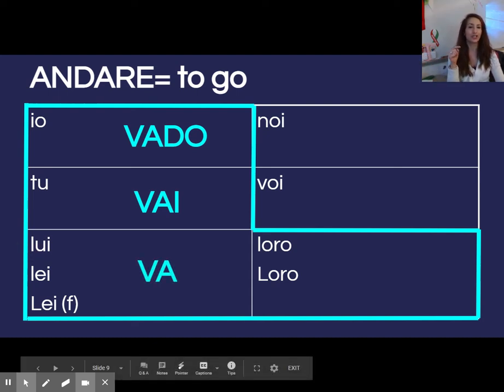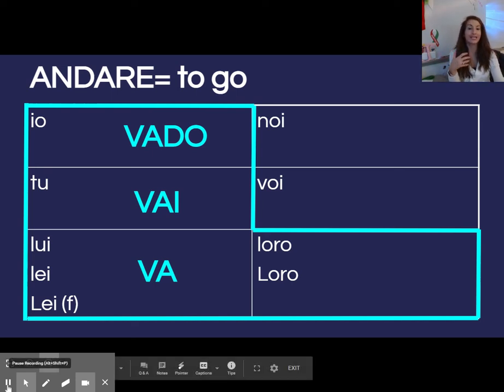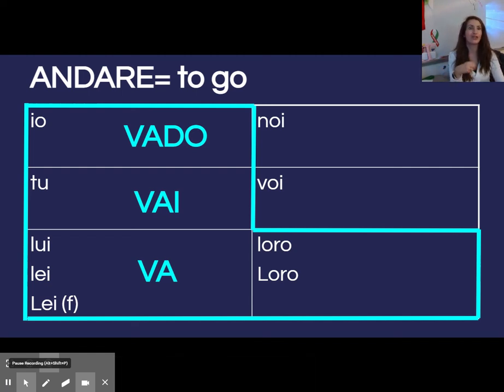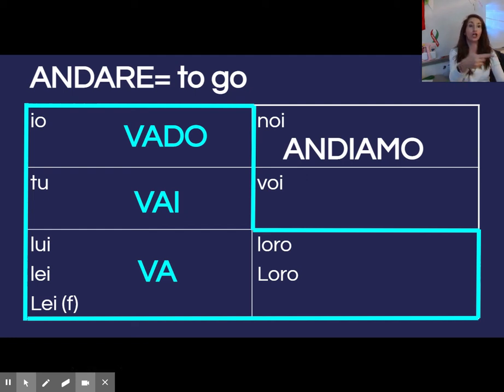Okay. Now here we're going to jump back up to noi. We. Get your other colore, your other color ready. This is going to make a lot of sense now. Perché? Because noi and voi have a regular stem. It is and. Follows a regular pattern. It becomes noi andiamo. We go. And then y'all go, again, is regular, just like regular ARE verbs from il video prima, the first video.